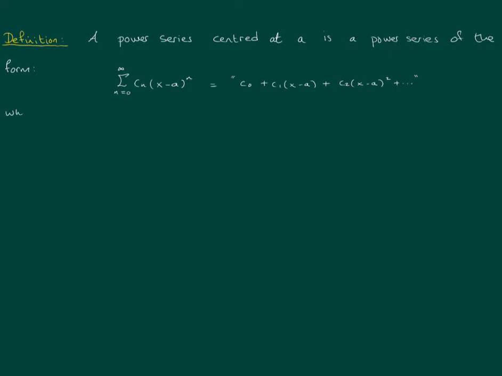Okay, where, just to introduce some terminology, a is a constant, x is a variable, the c_n's, again, are constants called the coefficients of the power series.